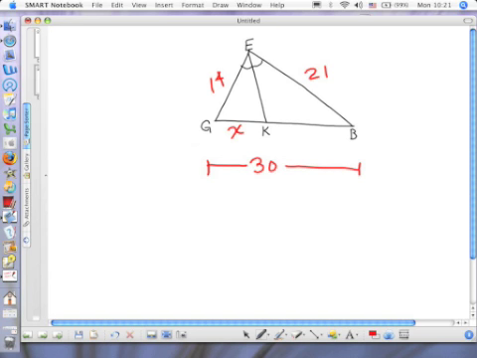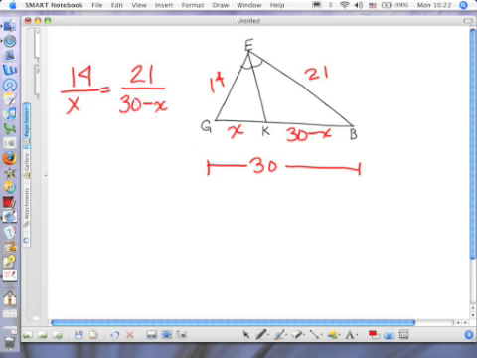You'd subtract 10 from 30, right? Well, if the whole thing's 30 and this has a value of X, not X minus 30, 30 minus X. And so now you have the pieces that are necessary to figure out the value of X. Because 14 over X is equal to 21 over 30 minus X.